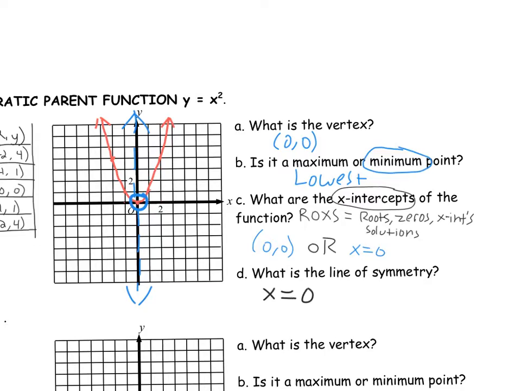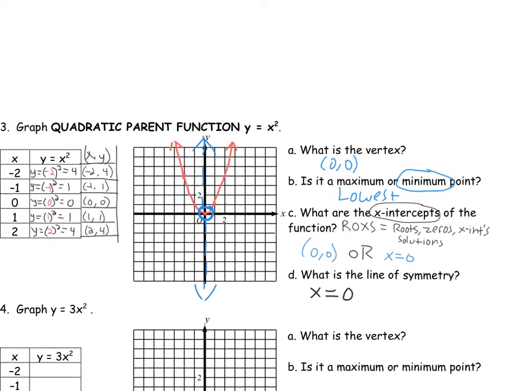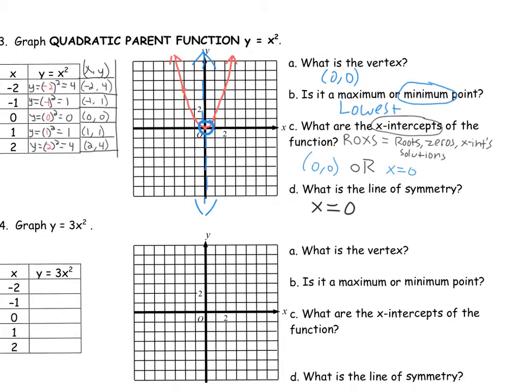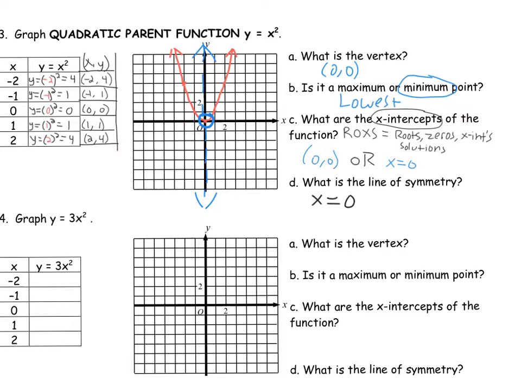Okay. So this is exactly how you want to do every single problem, but the only difference from the next three are you're going to label your parent function first. Okay, so this is what I mean by that. We are going to take this parabola, we're going to label it on all the other ones. So there's a dot at 0, 0. There's a dot at -1, 1. And -2, 4. And then there's a dot at 1, 1. And 2, 4.